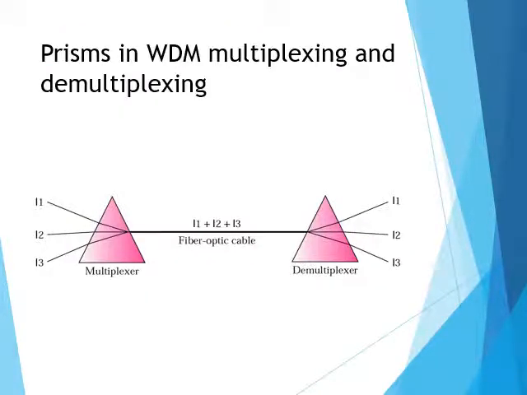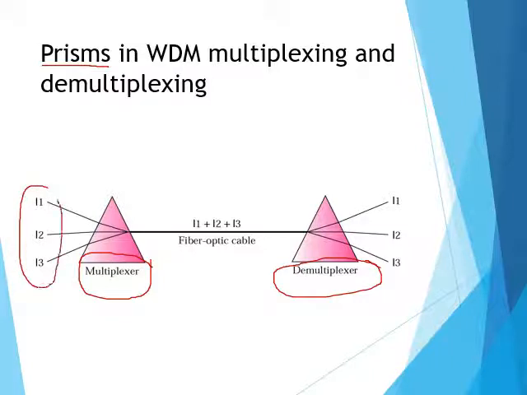This is the demultiplexer, and it also uses a prism. These are the light signals. So light can be combined using a prism and separated back using a prism as well.